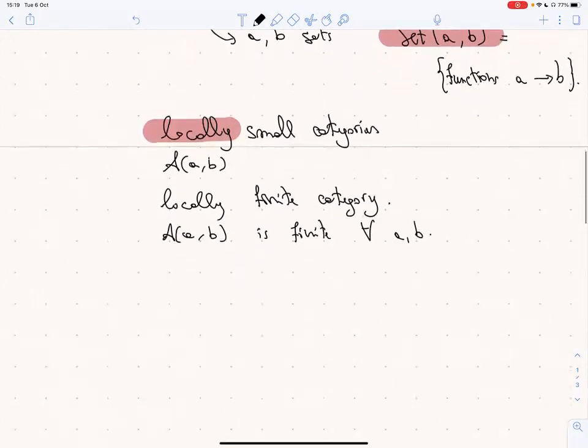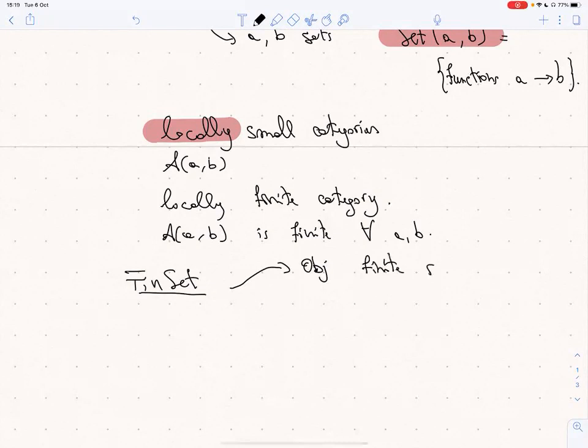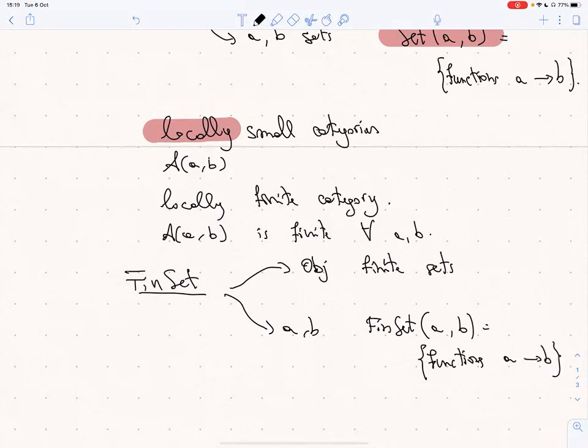And of course, the most natural example for this is the category FinSet. This is the category whose objects are finite sets. And for every couple A, B finite sets, then FinSet(A, B) is functions from A to B. Okay, so this is a complete triviality.